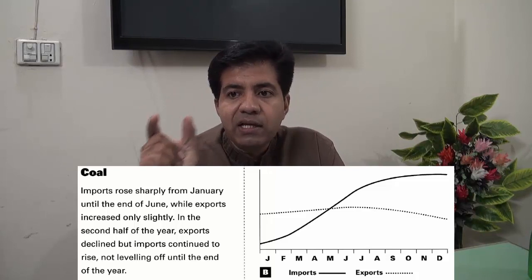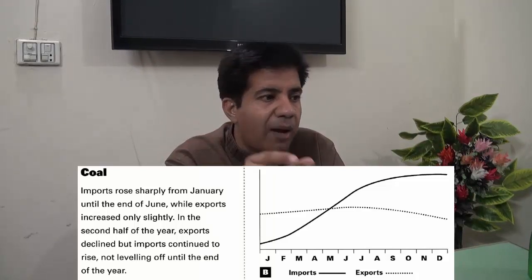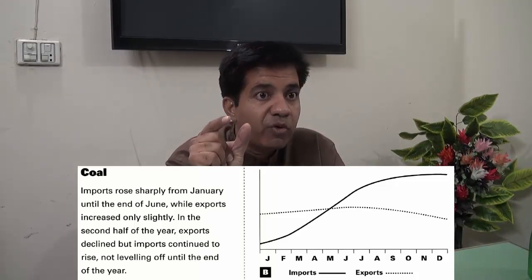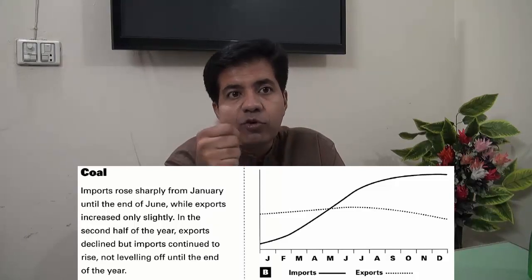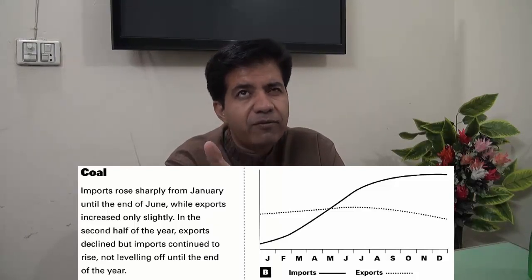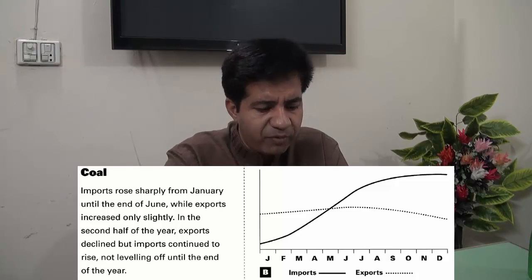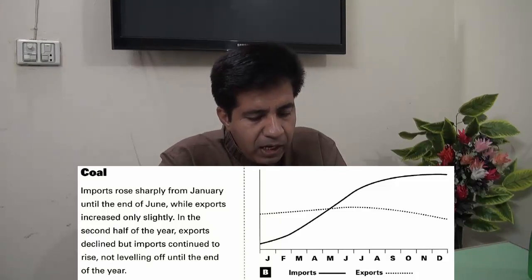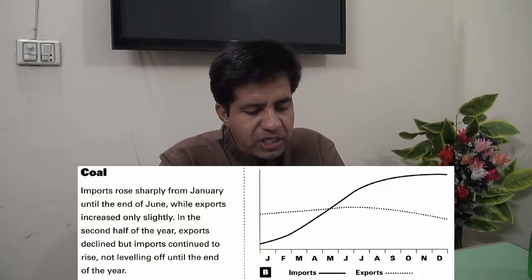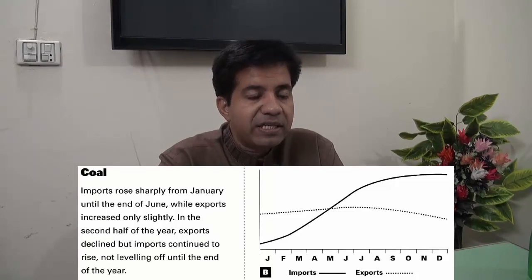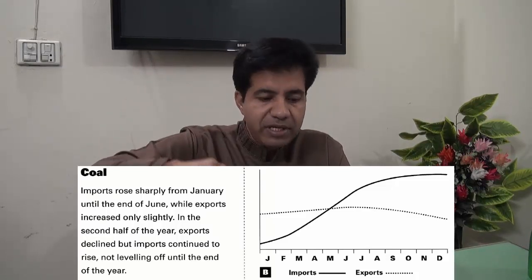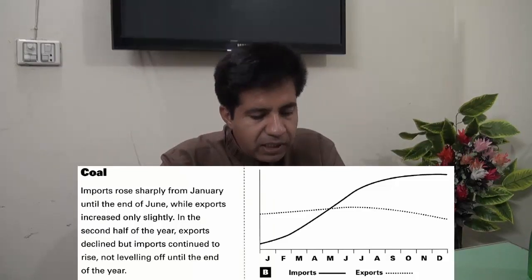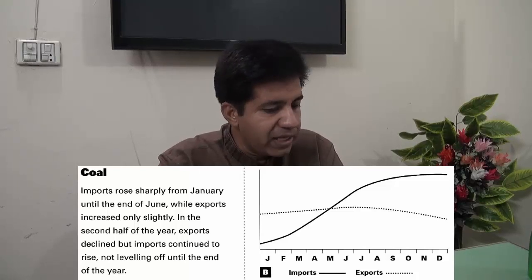Now this thing increased slightly, sharply. This is very, very important for report writing, especially when they give you bar chart, flow chart and these type of things. In the second half of the year, exports declined. Decline means came down.